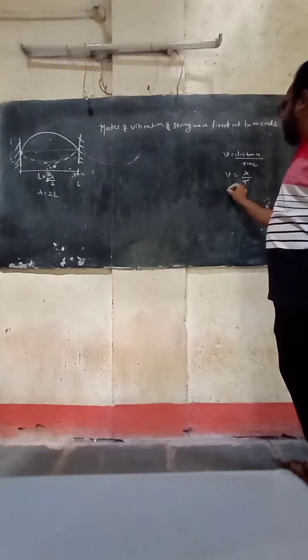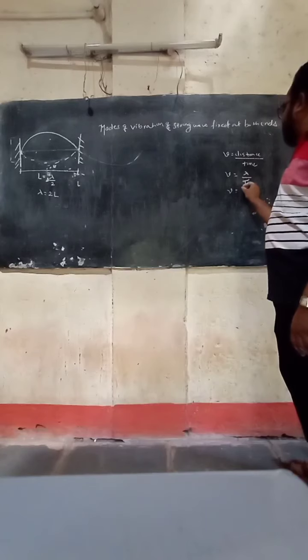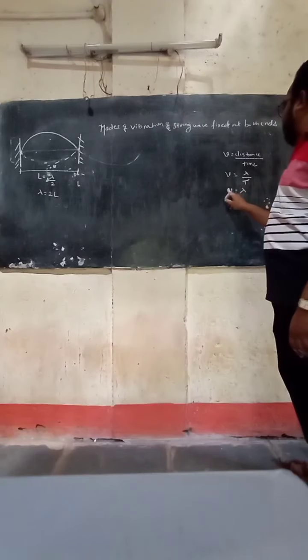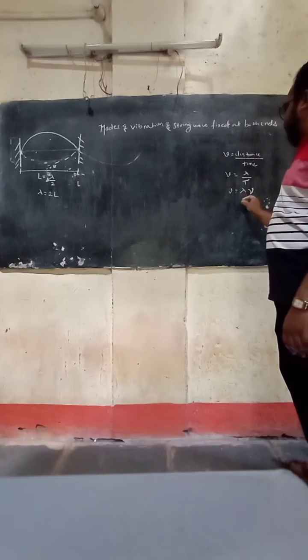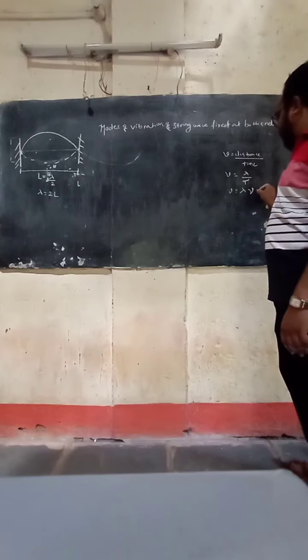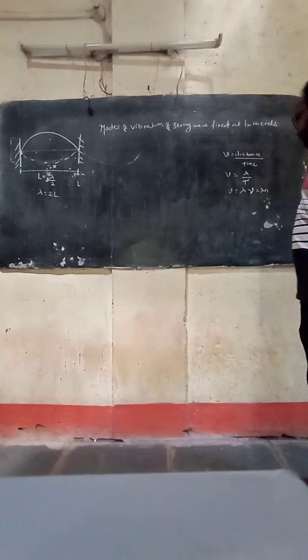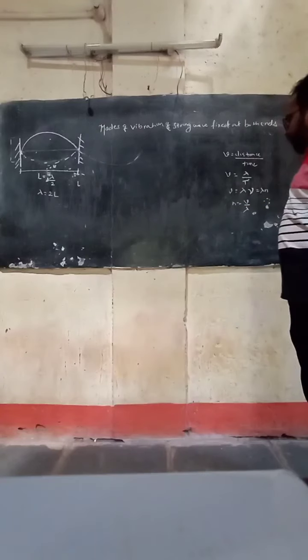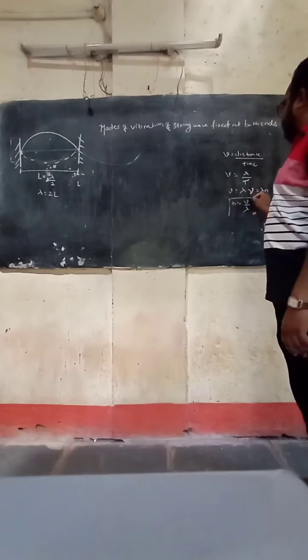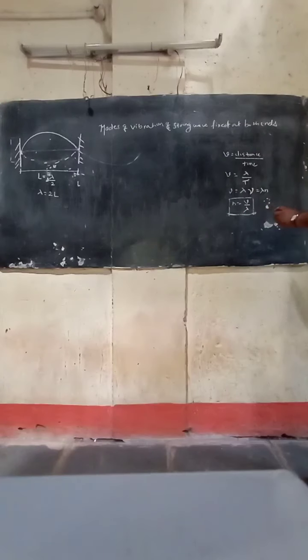So velocity is lambda into frequency. Or you can write n, lambda into n. So from here, this n is equal to velocity upon lambda.